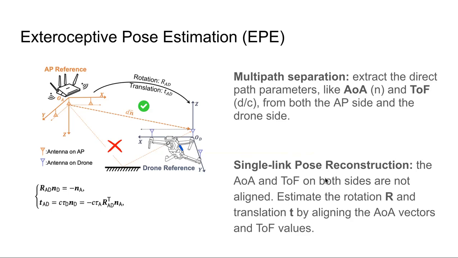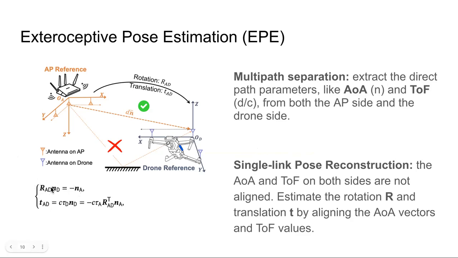This can be done by finding the rotation matrix R and translation T, by aligning the angle-of-arrival vectors and time-of-flight values. Here R_AD is the rotation from access point to drone, and n is the directional unit vector. n_D and n_A are reversed, so there is a negative here.